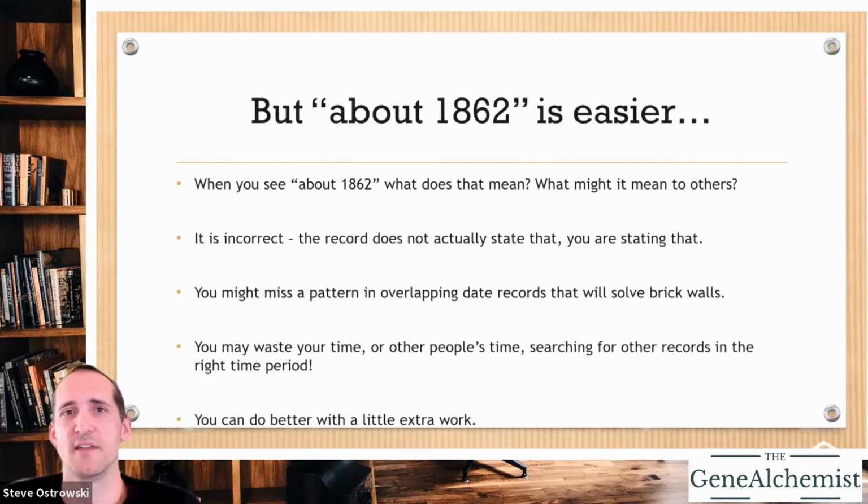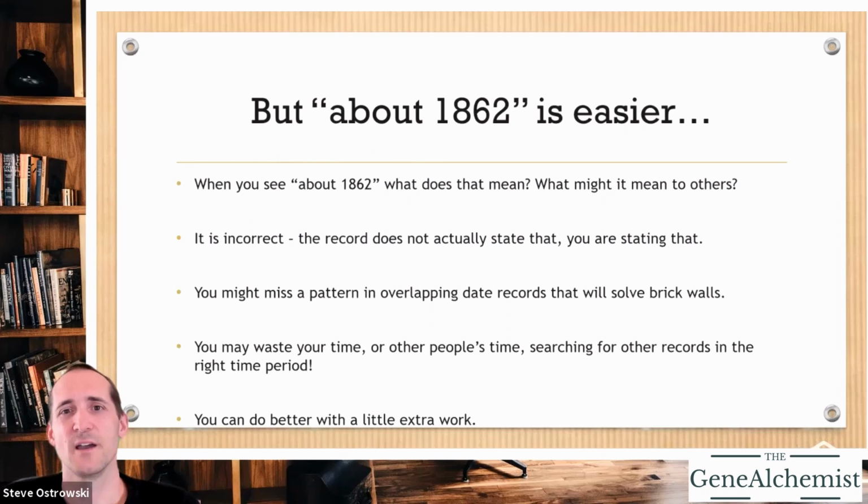Well, I'm going to give you several reasons if you haven't already realized this yourself. So the first is meaning. When you see about 1862, what does that mean to you? Does it mean in 1862, in that year somewhere? Does it mean 1862, give or take a year? Does it mean 1862, give or take 5 years?